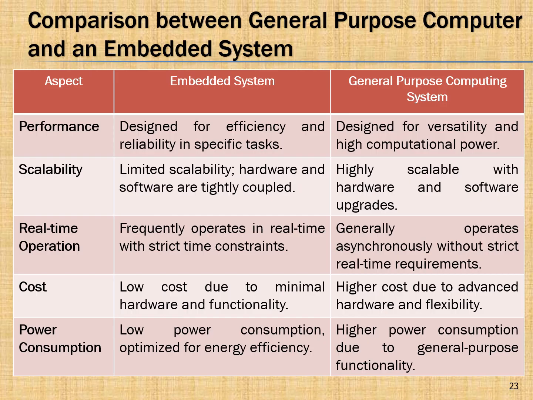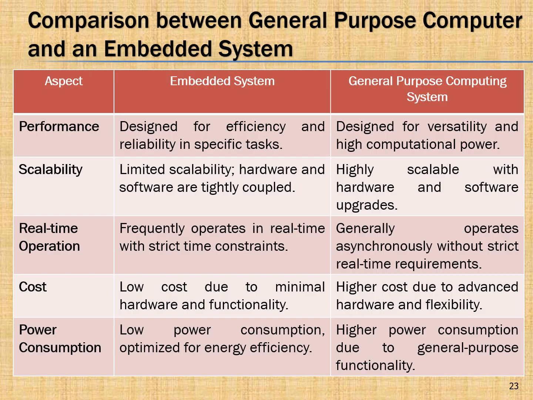Then if we talk about performance, embedded systems are designed for efficiency and reliability in specific tasks, whereas general purpose is designed for versatility and high computational power. Scalability is very limited, so system upgradation is of limited scope in case of embedded systems, and hardware and software are very tightly coupled. Whereas in case of general purpose computers, highly scalable, they can be upgraded in hardware, they can be upgraded in software also.